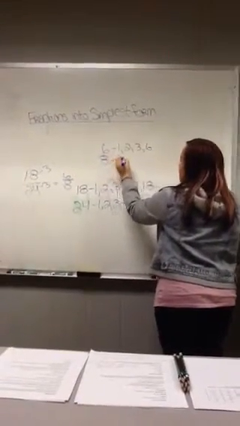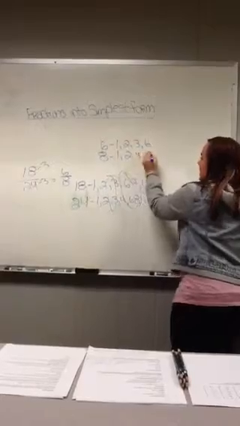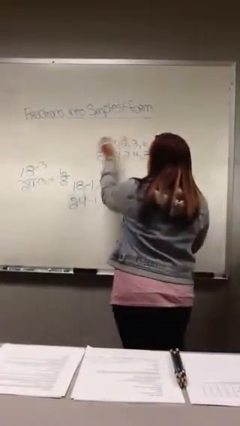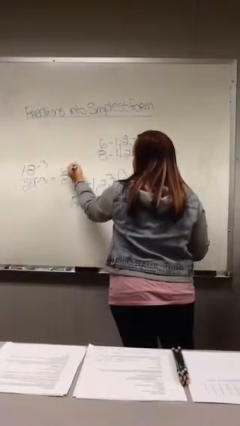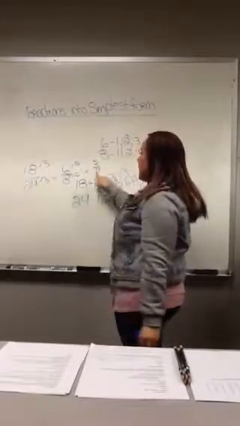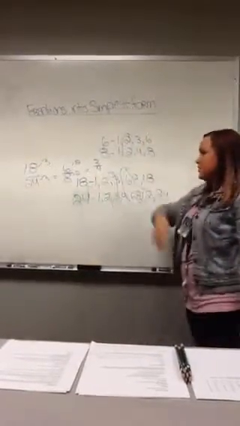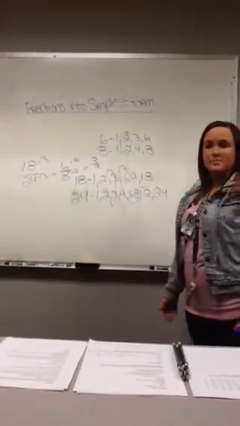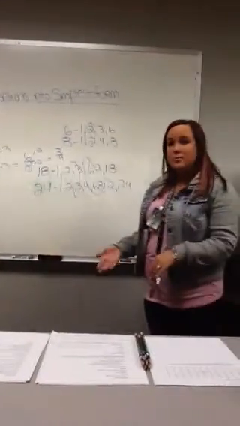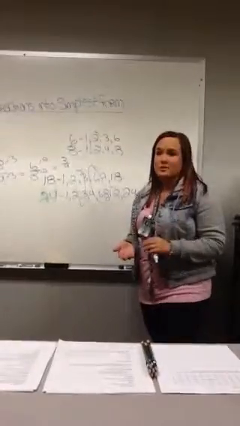And for 8, we have 1, 2, 4, and 8. So now what's the greatest common factor of 6 and 8? 2. So now we divide this by 2, and we get 3 over 4. So we have the same answer. They're both 3 over 4, right? But it would just be more work. So that's why it's important to try your best to get the greatest common factor.